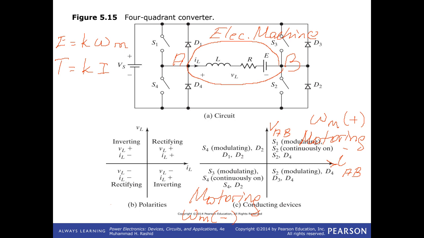So positive direction and positive rotation, negative torque and negative direction. So rotating in opposite direction. Both are motoring. These are regenerative braking cases where you can change the direction of current.